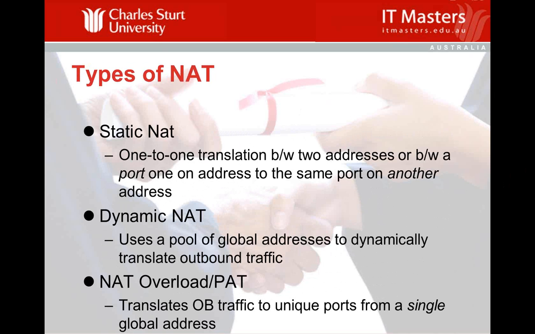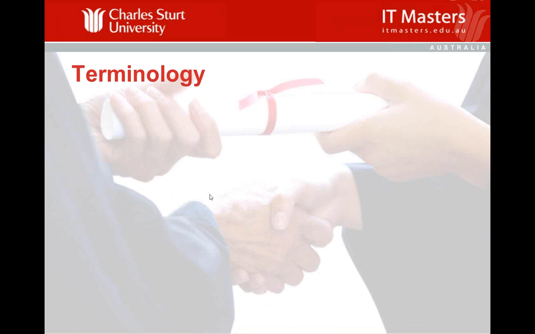And then you've got NAT overload, or PAT, which translates outbound traffic to unique ports from a single global address. So dynamic NAT is taking a pool of addresses, so more than one, and dynamically translating your outbound traffic. NAT overload is using one public address and putting all your private IP addresses behind that single address. So it uses the ports differently.